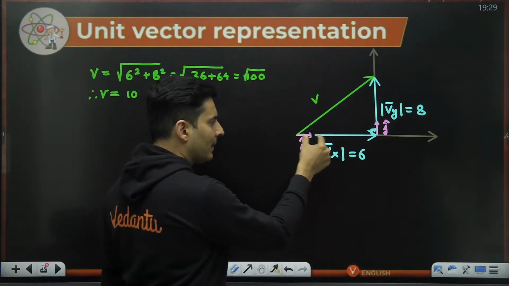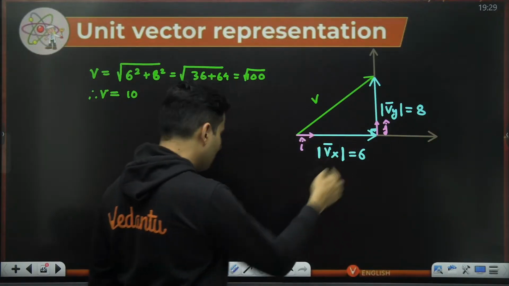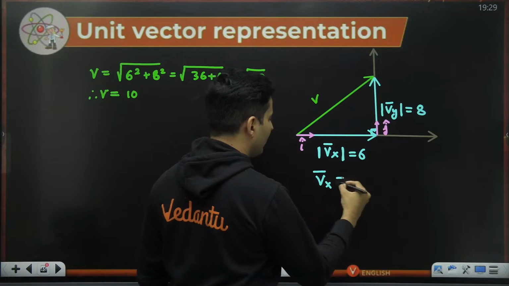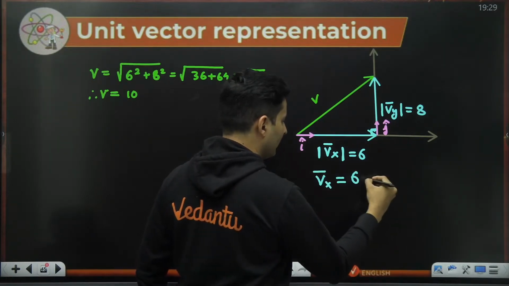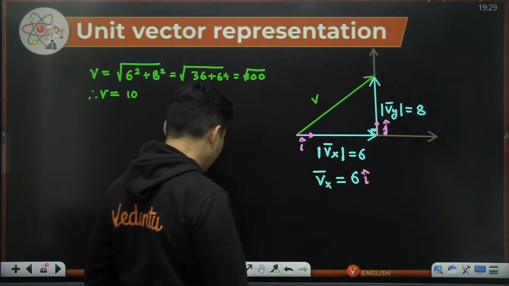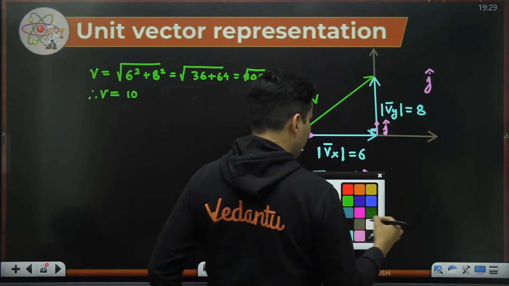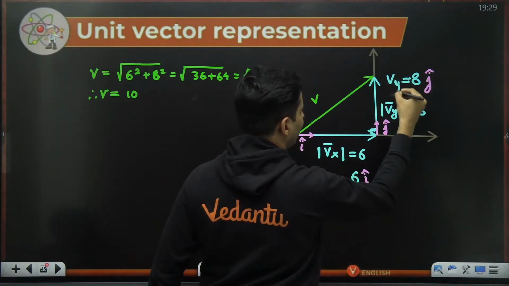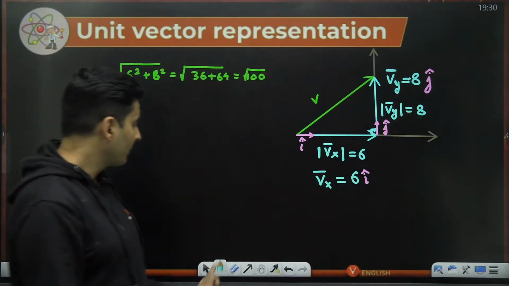Imagine I take i cap and put it 6 times: i cap, i cap, i cap, i cap. I will get the total vector Vx bar. Vx bar will be 6 times i cap. Same thing, if I take j cap 8 times, won't I get the vector Vy itself? Oh yes, sir. Why not?